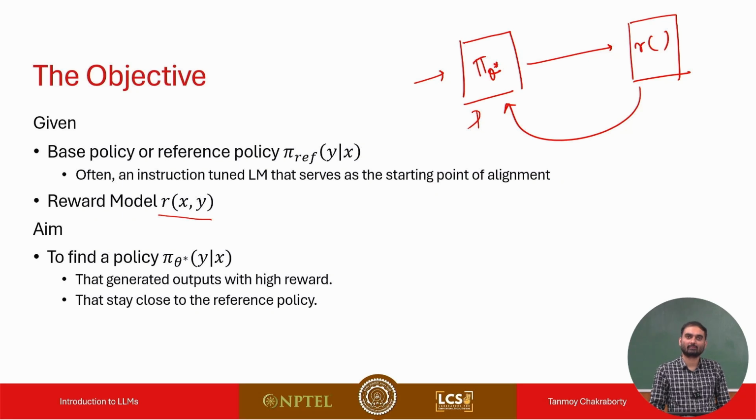What does it mean? It means that it will only learn how to maximize reward. In a classroom setting, essentially the student will only learn how to get good marks in the exam, but the student will not learn the underlying concept as such. It is similar to that, right?